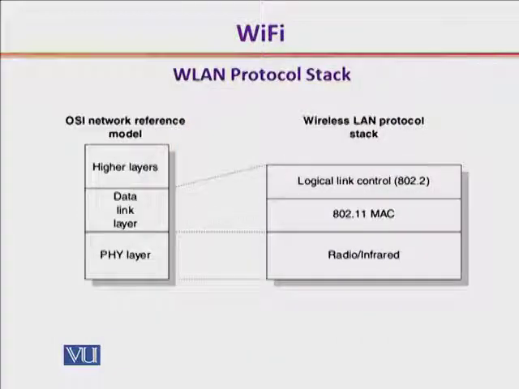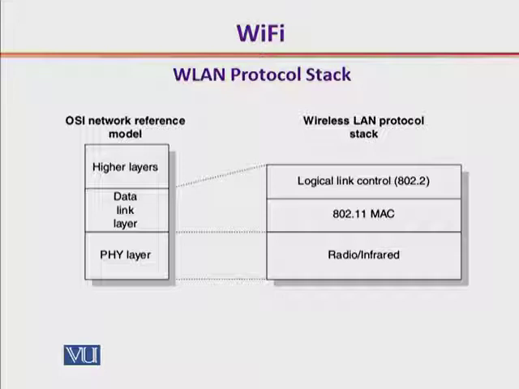The protocol stack in WLANs can be equated to the ISO OSI and the TCP/IP protocol stack by looking at the 802.11 functionality as based on the data link layer. Since at the data link layer, the logical link control sublayer is still 802.2, the only thing that 802.11 affects is the medium access control.